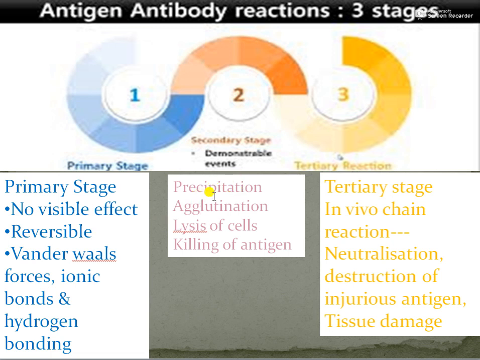In the case of precipitation, agglutination, and the lysis and killing of cells, these are demonstrable events. The tertiary stage happens mainly in vivo. You can see that neutralization as well as the destruction of injurious antigen as well as tissue damage can result as a part of the antigen antibody reactions.